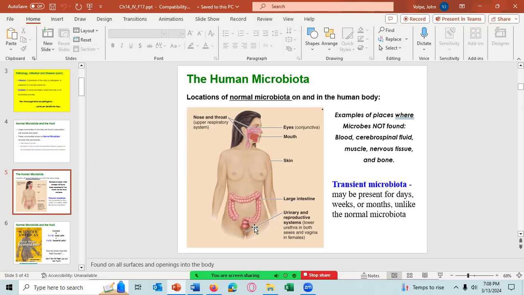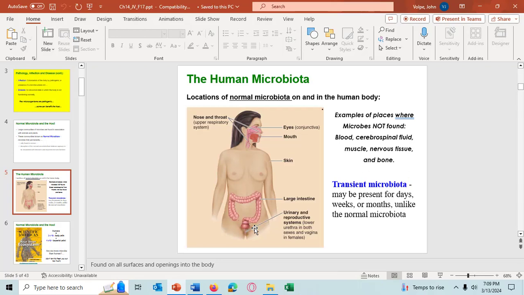And then it used to be said that the bladder did not normally have microbes in it. But as I've told you, a recent finding is they found, at least in females, normal microbiota in the urine in the bladder. So the lower genital urinary system does have normal microbiota.